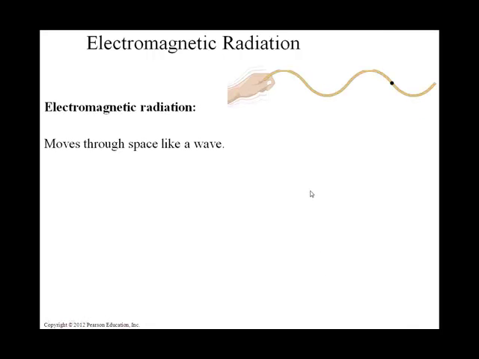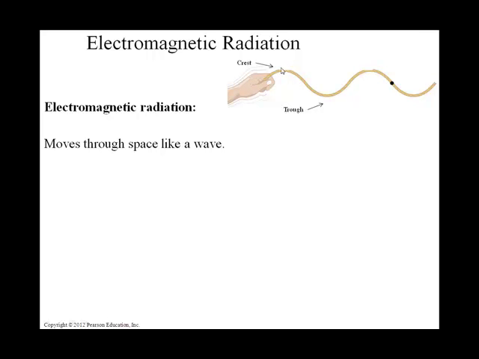Electromagnetic radiation, all forms, all different: we looked at gamma rays, X-rays, ultraviolet, visible, infrared, microwaves, radio waves. They all have these things in common. One of the things is that they travel in waves, and waves have a few things.